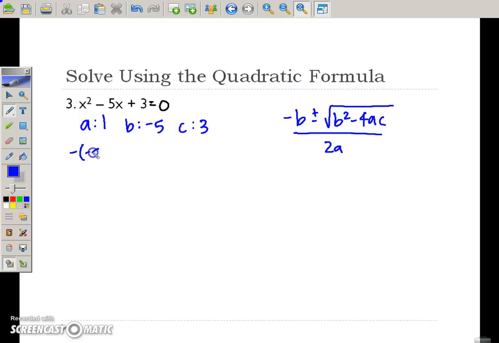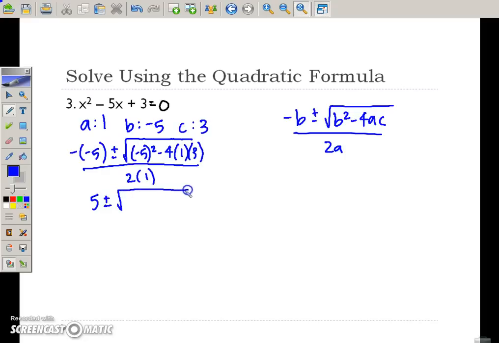So we have negative 5 plus or minus the square root of negative 5 squared minus 4 times 1 times 3 all over 2 times 1. Negative 5 is a positive 5. 5 squared is 25. 4 times 1 times 3 is 12 all over 2. 25 minus 12 is 13.